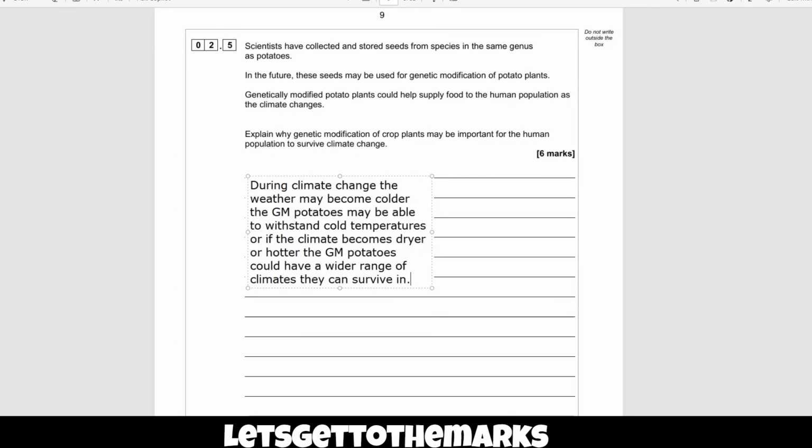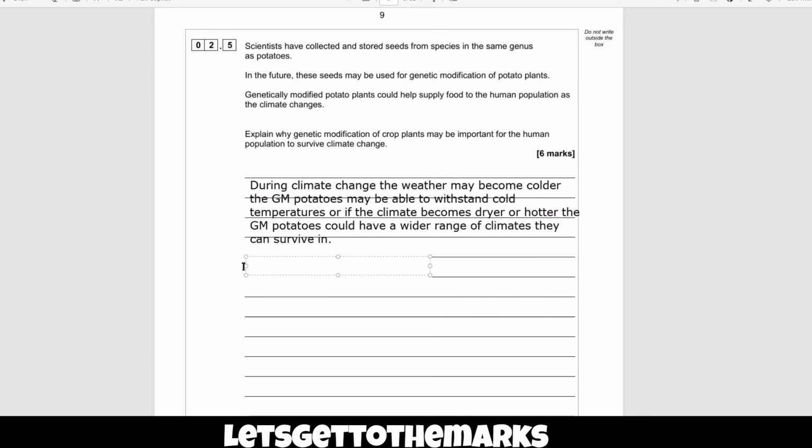So what we're saying is it doesn't matter whether the climate gets colder, hotter, wetter, drier. The GM potatoes may have a wide range of alleles or genes that enable them to survive in these different climates. They give them beneficial characteristics, and that's the advantage with genetic modification.